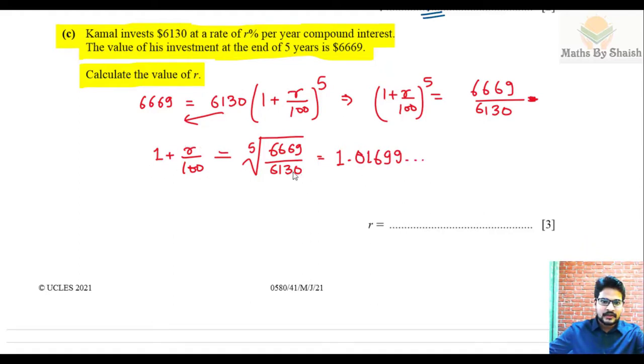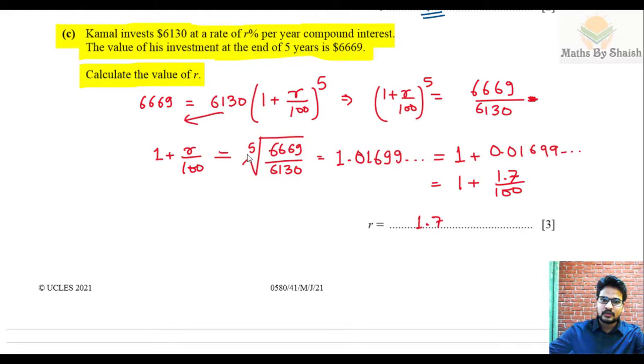We can rewrite this as 1 plus 0.01699 and so on, which can be written as 1 plus 1.699, that is 1.7 upon 100. Then we can say R is 1.7.